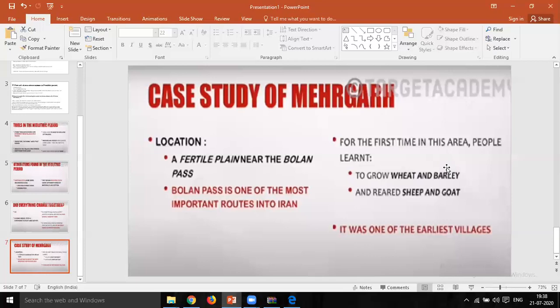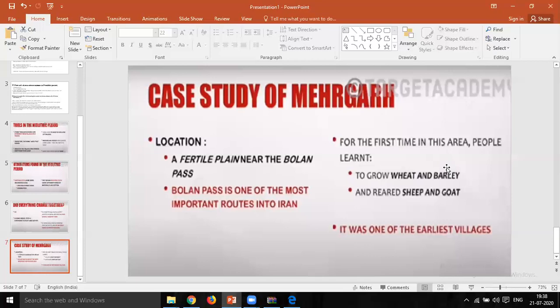You can find Turkey in your atlas, in your map. It is one of the most famous Neolithic sites, Catalhuyuk, which was found in Turkey.